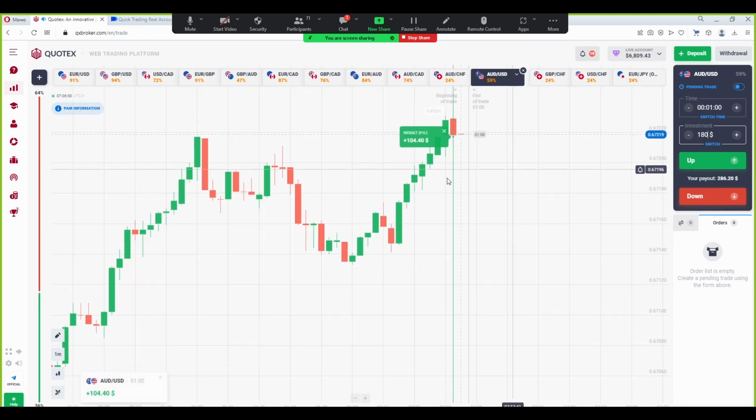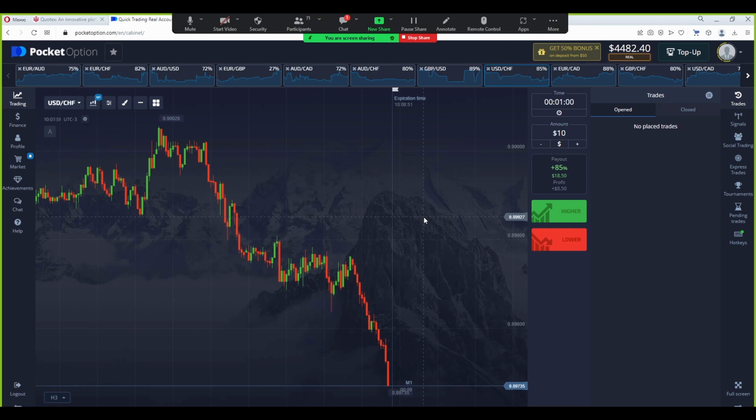Here we see a fast momentum, which now has the longest candle. I wait for it to close and make a trade in the direction of correction, which is up. The previous candles were either with small bodies or with medium-sized bodies.